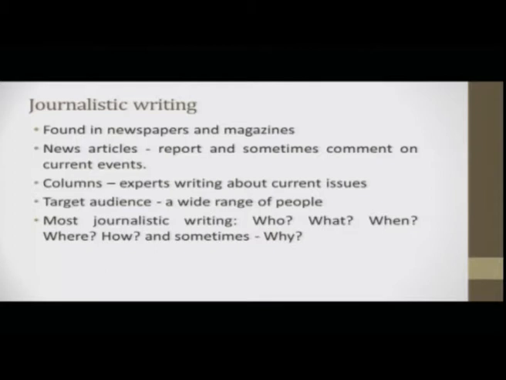Coming back to the target audience of these newspapers and magazines, it is obvious that they aim at a very wide range of people, because circulation is important, and as a result they look at a very wide audience for their newspapers and magazines.